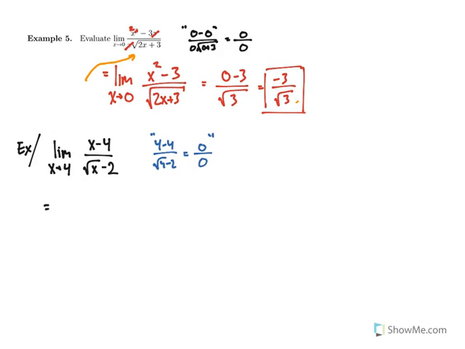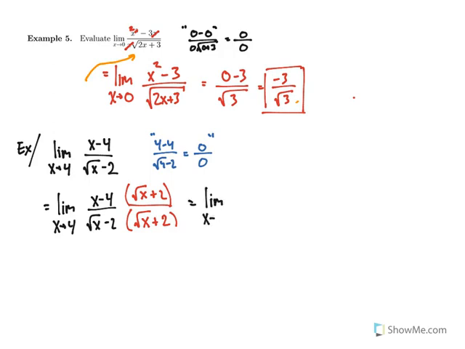And here the algebraic technique is to multiply the top and the bottom by the conjugate of the bottom, square root of x plus 2. So if we do some simplifying there, we can see the reason why we're going to do this. First of all, bring the limit each step of the way. The top, we get x square root of x plus 2x minus 4 root x minus 8.